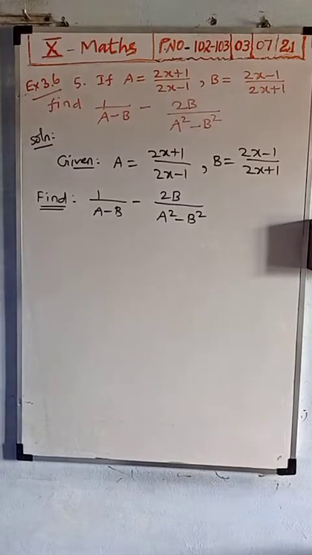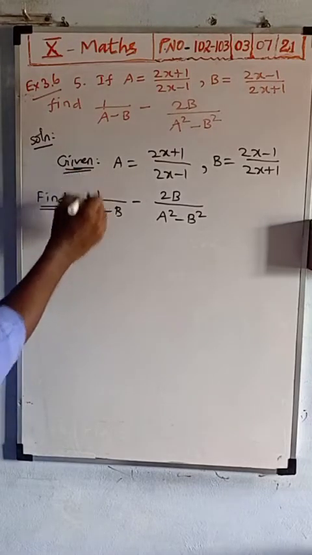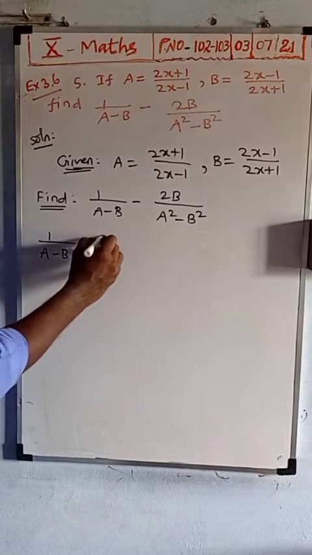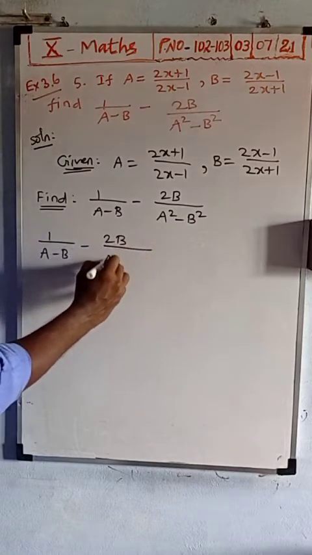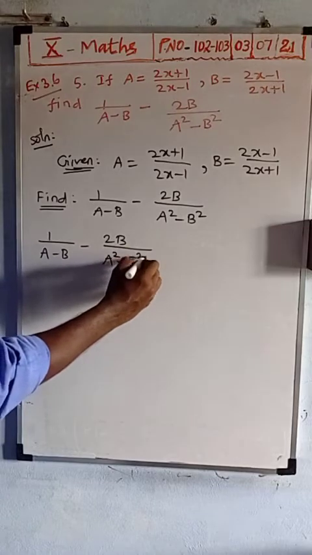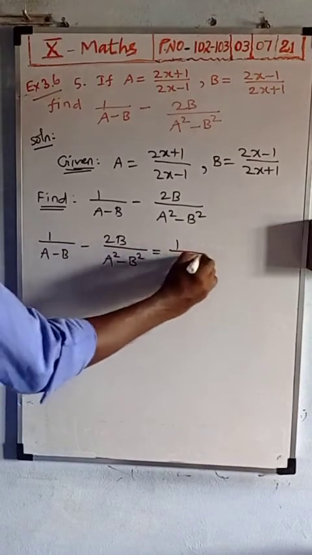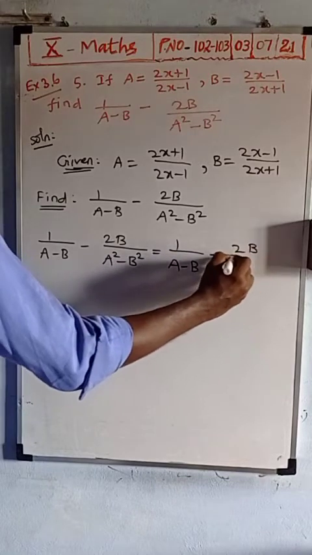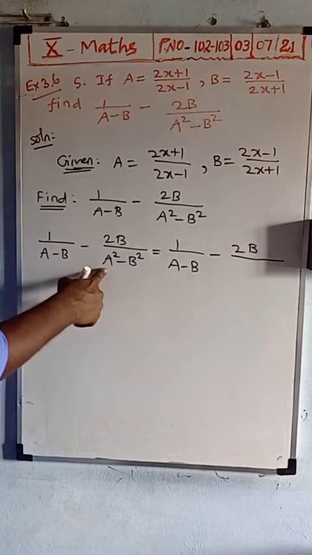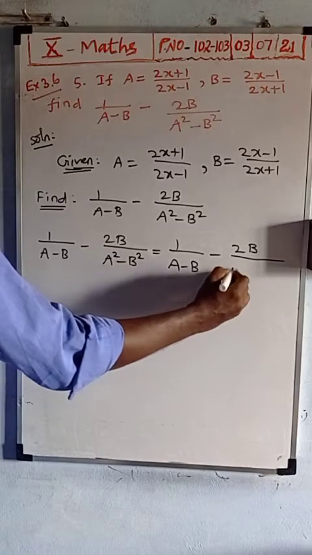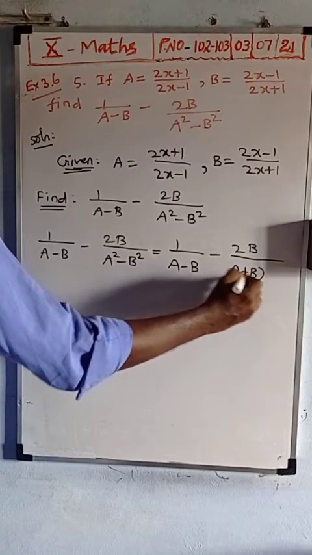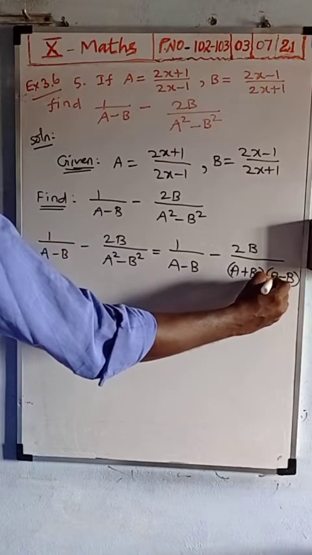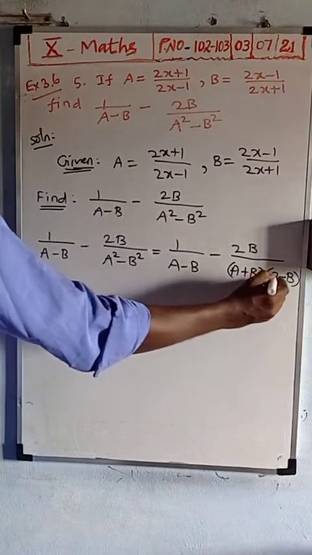So for that, first you want to choose 1 divided by a minus b minus 2b divided by a square minus b square. Now 1 divided by a minus b, as it is you should write, minus 2b divided by, instead of a square minus b square, the formula we know, what is that, a plus b into a minus b. So the given expression that we want to find should first be simplified.